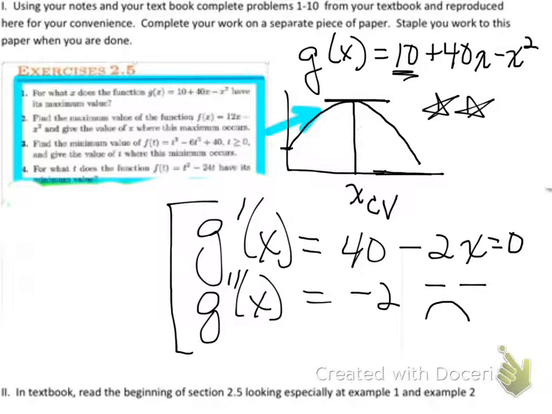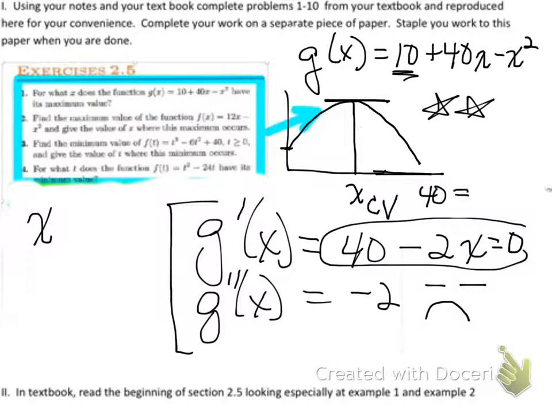Let's go back and figure out what the question is. They only want to know the x. When I set this equal to 0, I get 40 equals 2x, and therefore x equals 20. So my critical value, xCV, equals 20, and that answers my question.